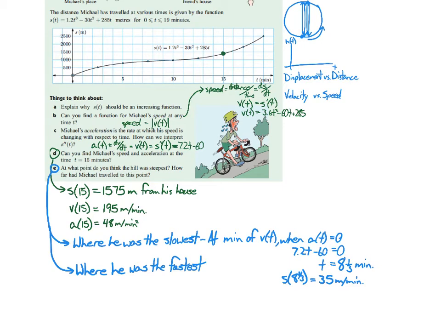The velocity is a parabola, right? Wait a sec, this was not S, this was velocity. Sorry. He's going 35 meters per minute. That's the slowest he's going the whole time, which means anything on either side of that is going to be higher.